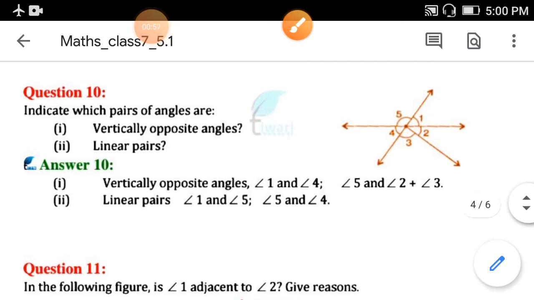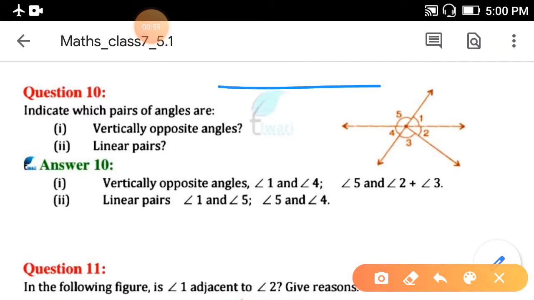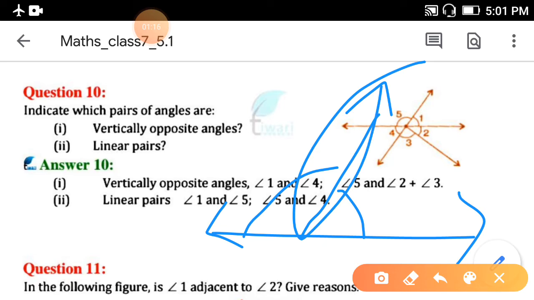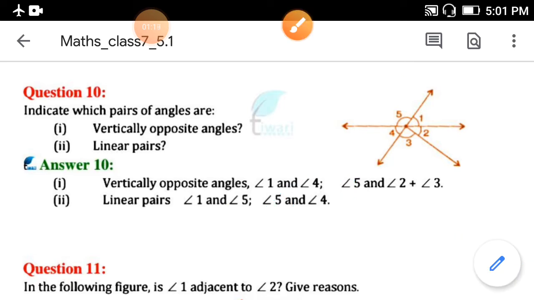Second one, linear pair: two angles whose sum is 180 degree, where one arm is common and the two other arms are opposite to each other.